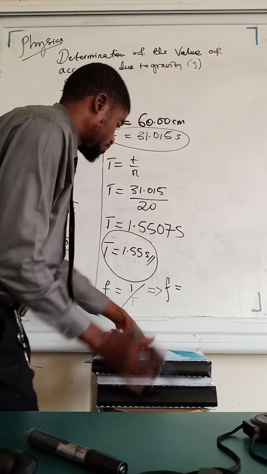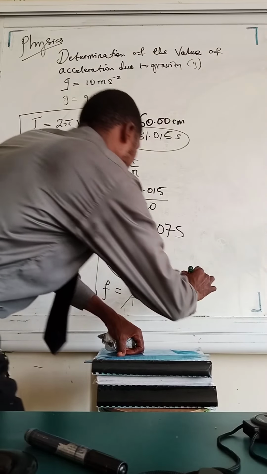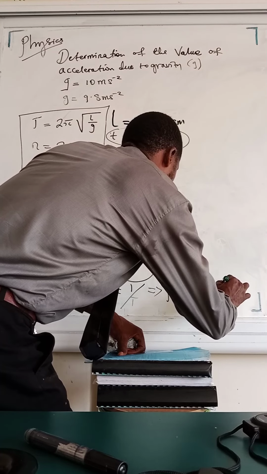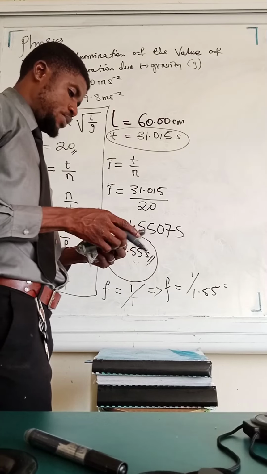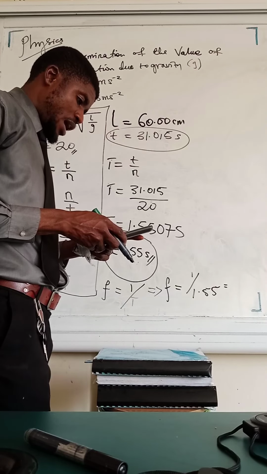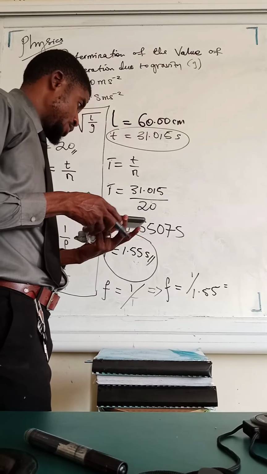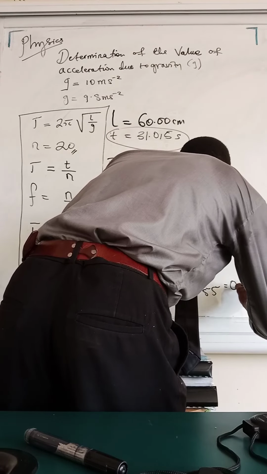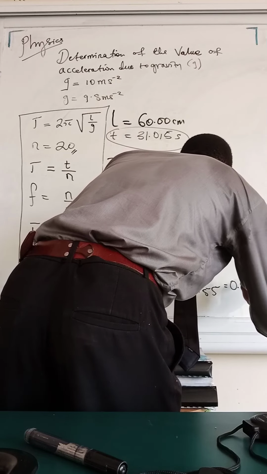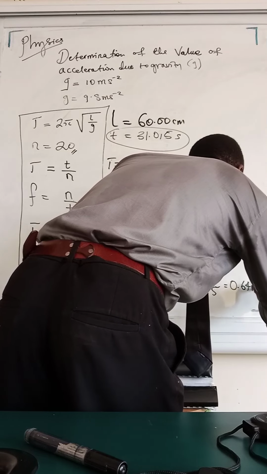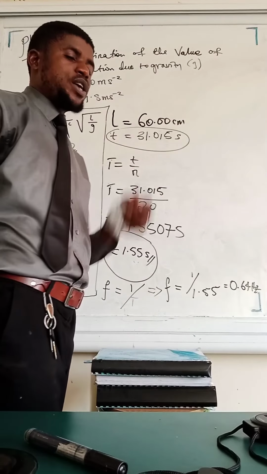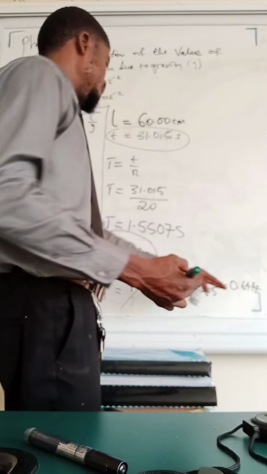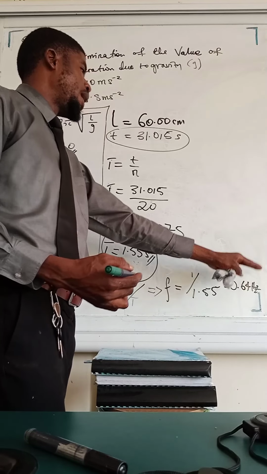So your F is given as 1 all over 1.55. Your answer is 1 divided by that. Your frequency of oscillation is given as 0.64 Hz. The frequency with which the pendulum was oscillating is 0.64 Hz.